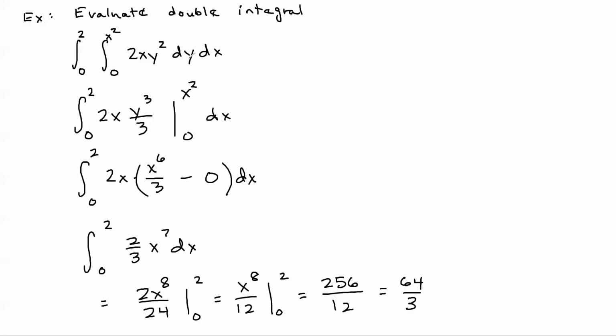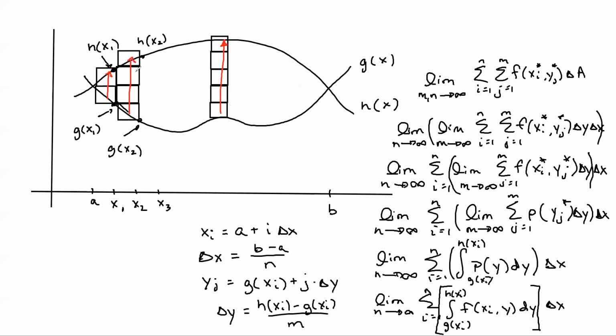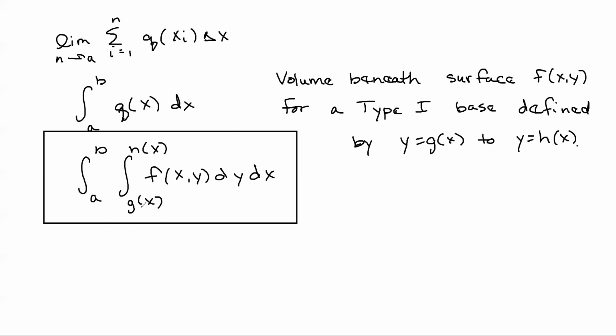If we have dy dx, let's look back. When we have dy dx, that's our first formula here. What did that say? That said that we had function of x to function of x. And what did we know about those functions? Those functions represented the top and the bottom of our object. So we went from g of x for the bottom to h of x for the top. g of x, bottom, h of x, top.